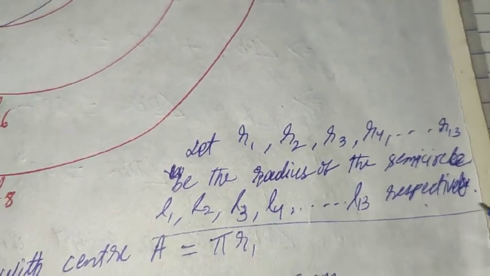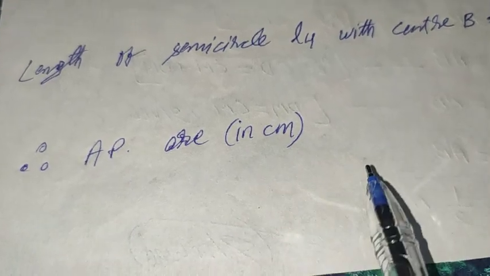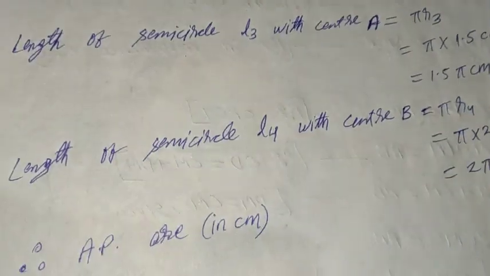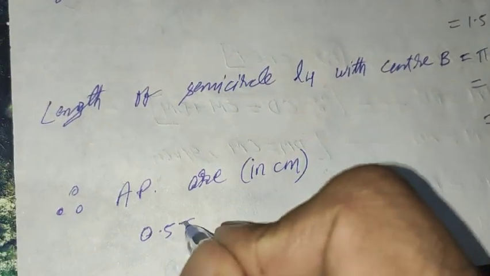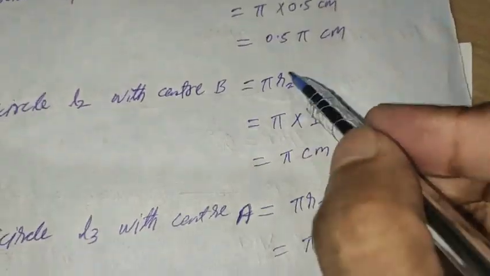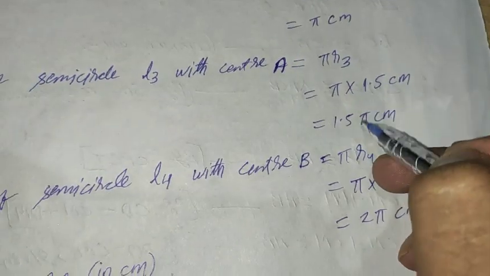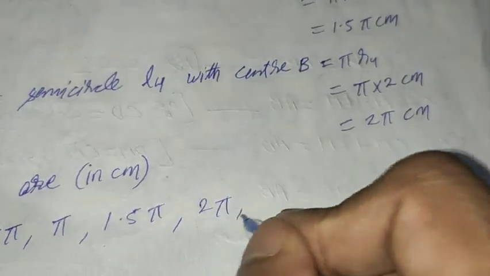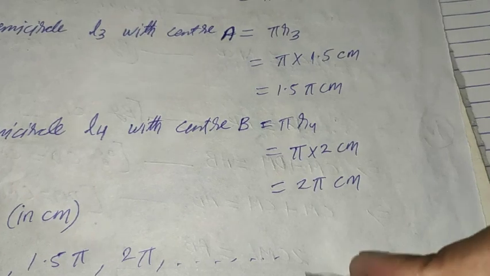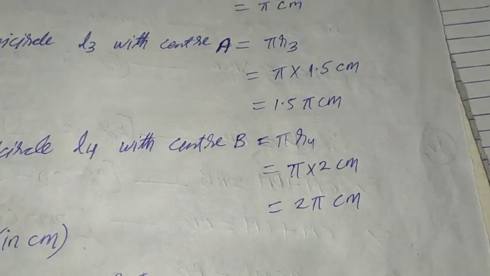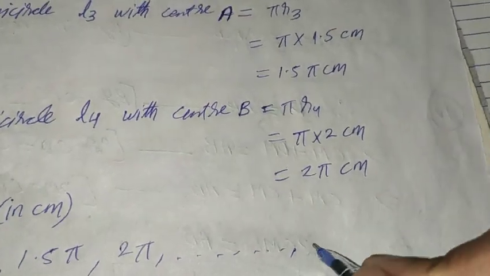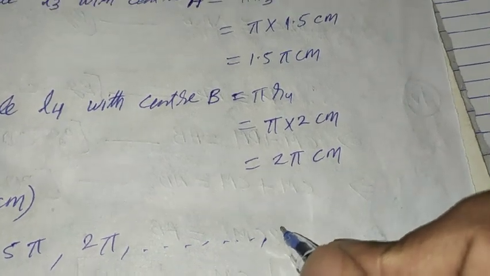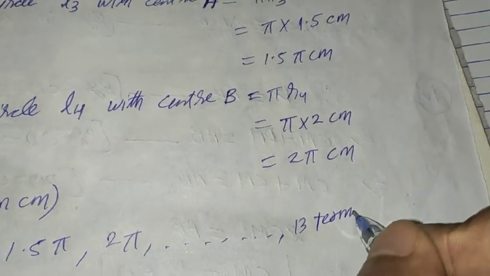Therefore the lengths in centimeter form an AP. Just write down the AP: 0.5 pi, pi is the second one, the third one is 1.5 pi, and the fourth one is 2 pi. Up to how many semicircles do we need to find? Up to 13, so 13 terms.